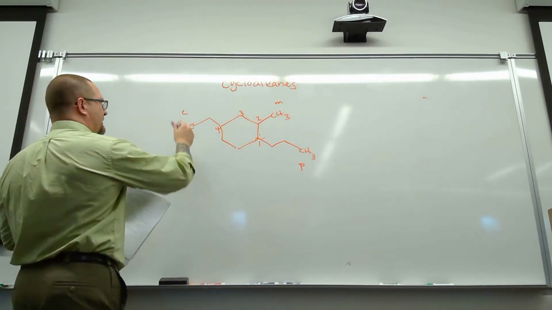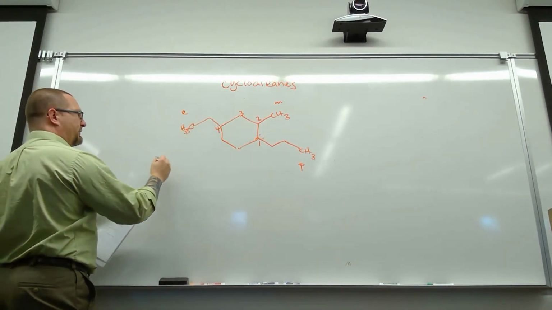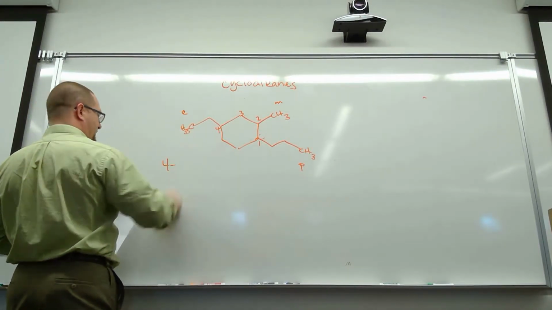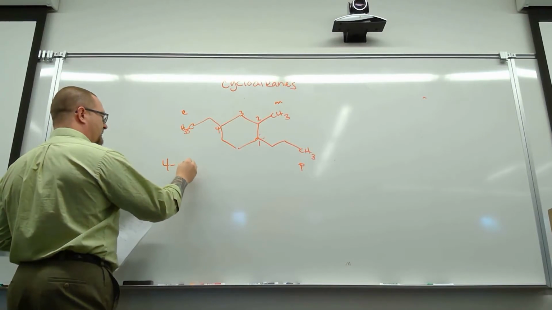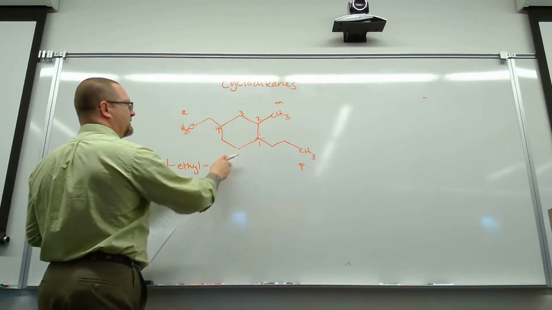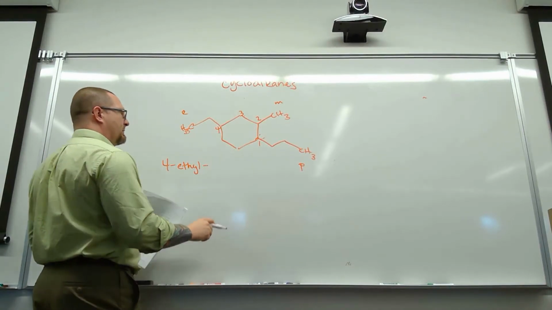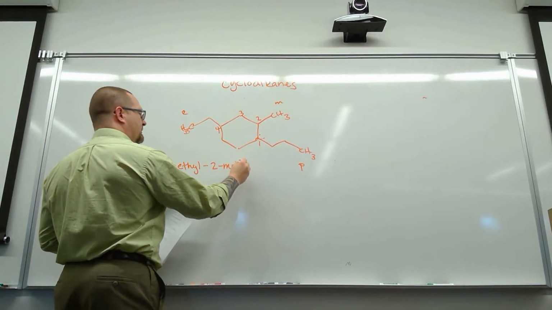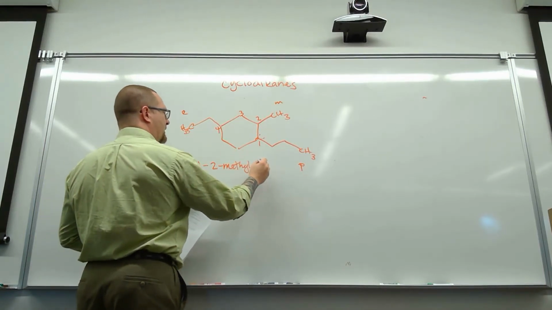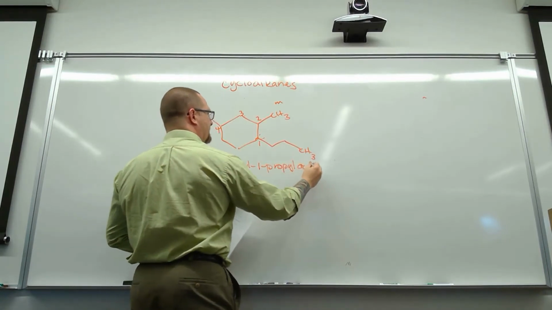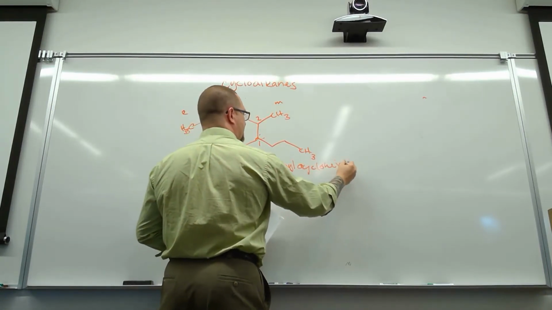So this is going to be alphabetically, ethyl will come first. This is ethyl. Which one's next, methyl or propyl? So 4-ethyl, 2-methyl, 1-propyl, cyclohexane.